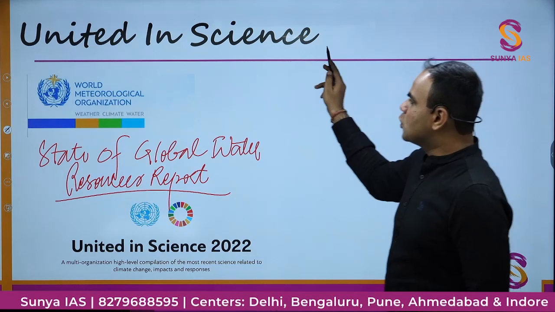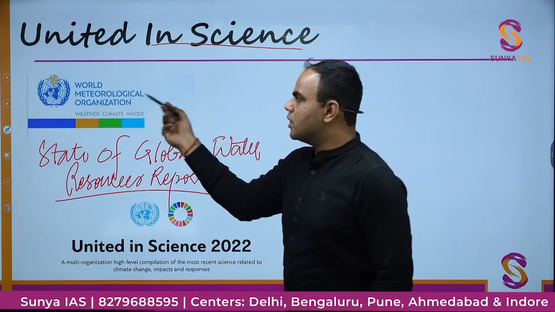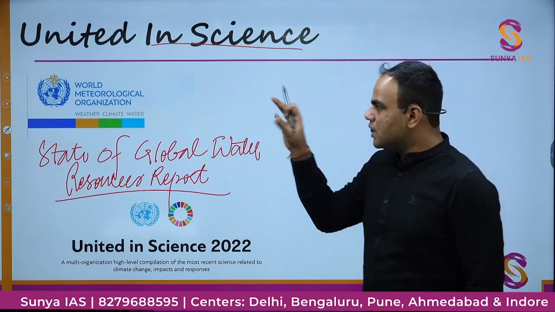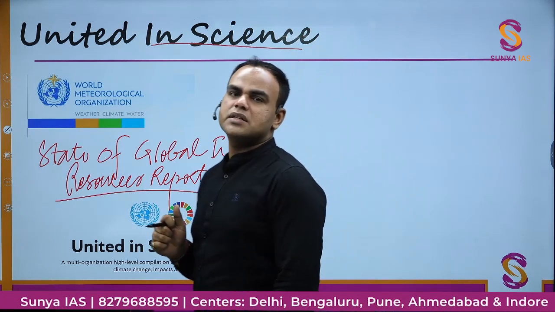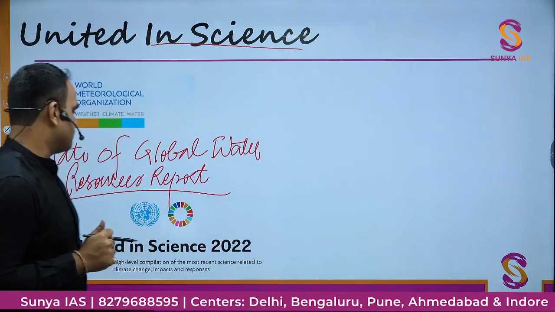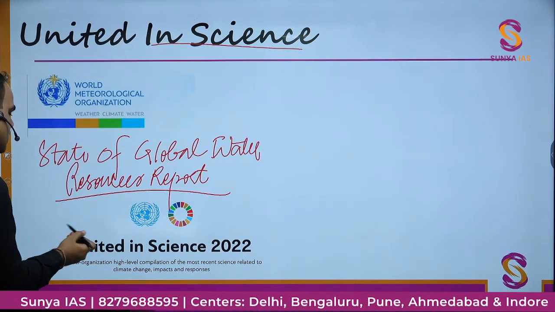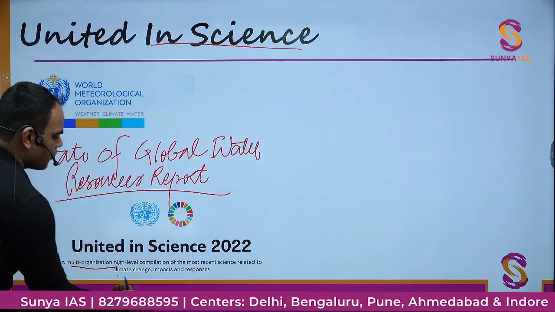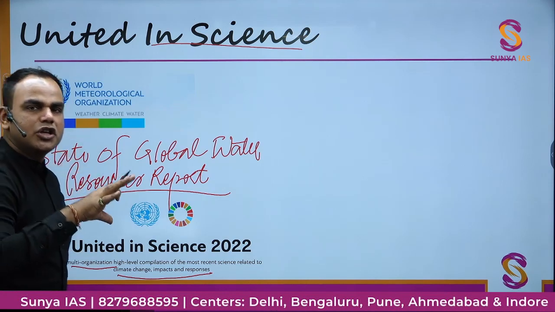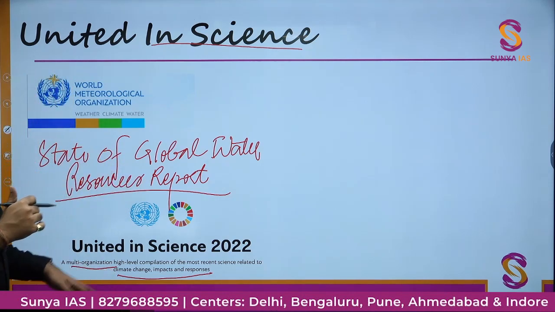And lastly is United in Science. You can see the logo here. United in Science is again a report by the World Meteorological Organization, WMO. It is a multi-organizational compilation of things related to climate change, the response, and alongside things.